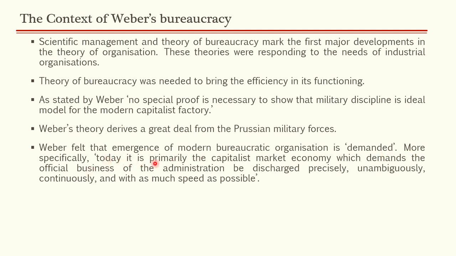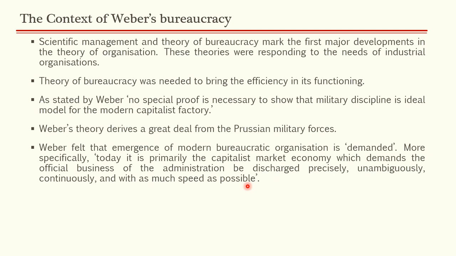More specifically, today it is primarily the capitalist market economy which demands the official business of the administration be discharged precisely, unambiguously, continuously, and with as much speed as possible. So because there was capitalist market on rise, because there was capitalism on rise, it was the need of time, it was the demand of time that business of administration should be discharged unambiguously, it should be discharged continuously, and it should be discharged precisely.